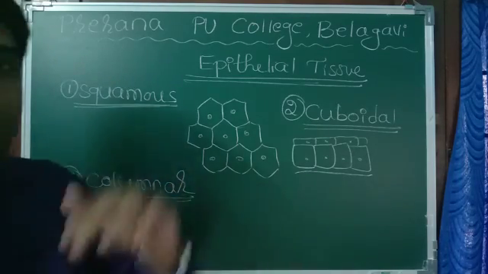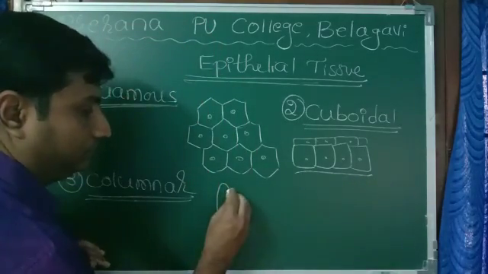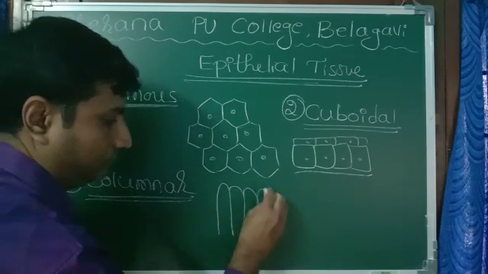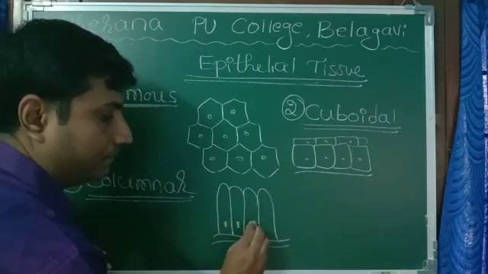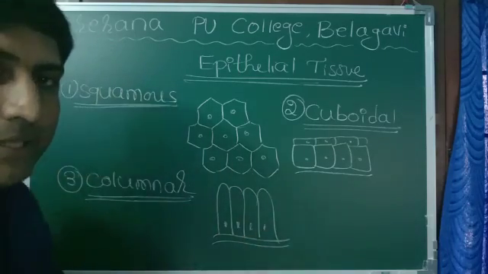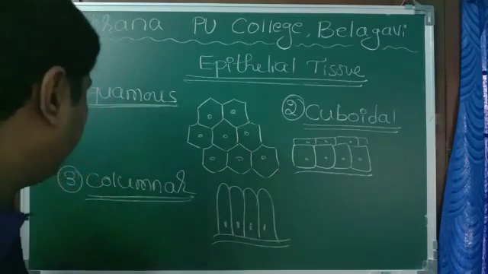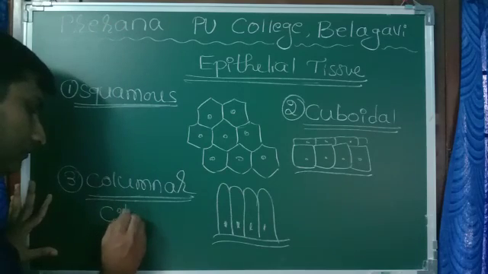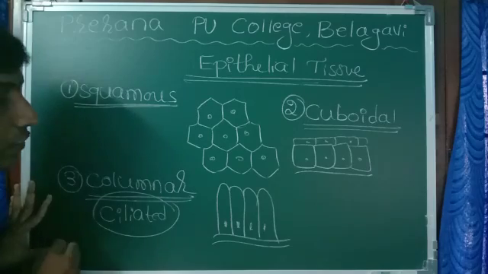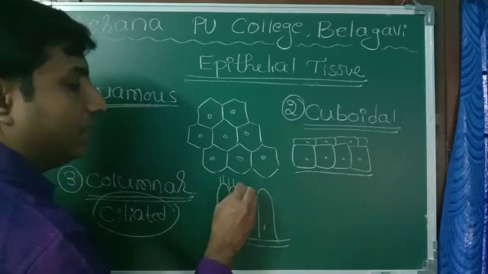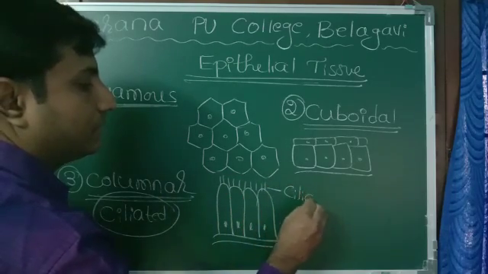Again the name tells, column-like or pillar-like, somewhat like this, lying on the basement membrane with the nucleus at the base. Within columnar there is a type called ciliated columnar. That is, there are cilia. Cilia means hair-like structures, which are present here.